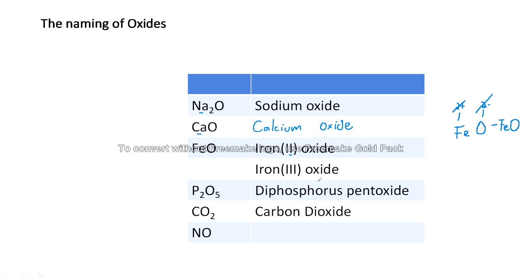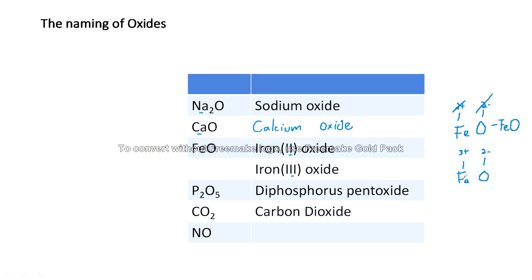Okay, but then in that case we have Fe and O. The oxidation number of iron is 3 plus, and the oxidation number of oxygen is 2 minus. Remember that I said that the oxidation number goes after the other constituent.